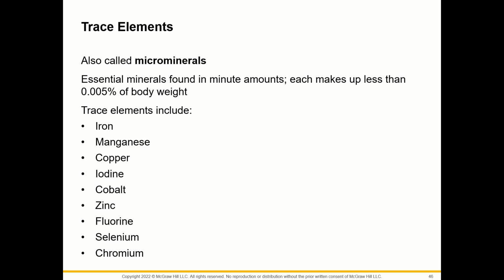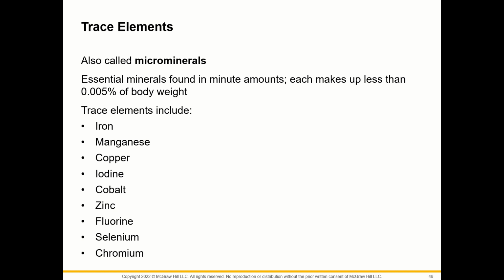Trace elements are called microminerals, and they are essential minerals found in minute amounts. Each makes up less than 0.005% of the body weight. Though they may be microminerals, they are mighty, because they include iron, magnesium, copper, iodine, cobalt, zinc, fluorine, selenium, and chromium.